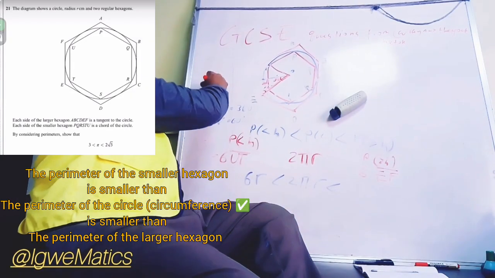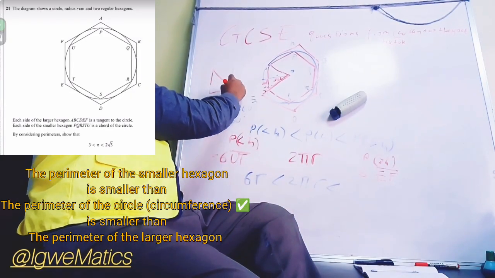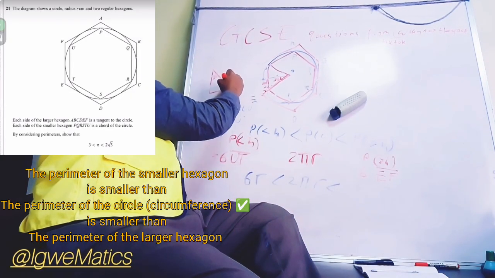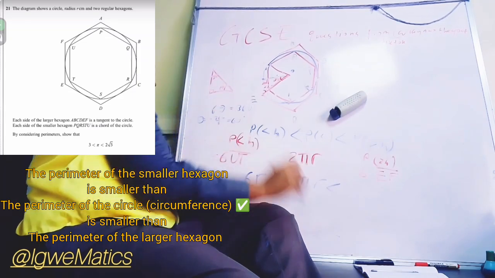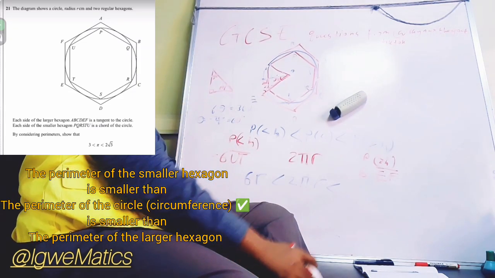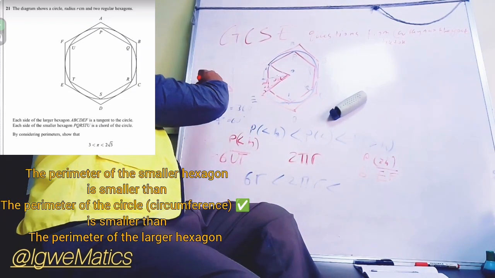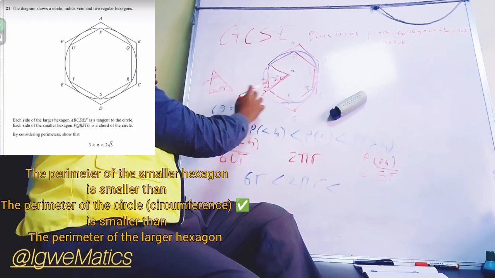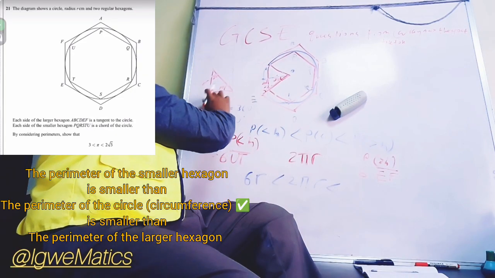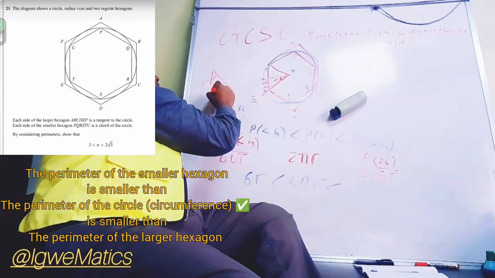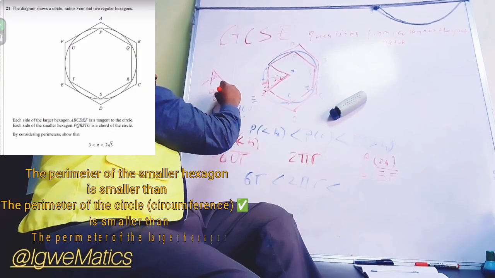So you have a right angle triangle with 30 degrees, 60 degrees, and 90 degrees. The height is r, while the hypotenuse, we don't need that, but the other side is half of EF.